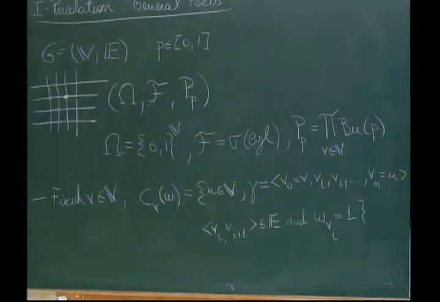Is this definition clear? That is, if I put water under pressure on the vertex v, the cluster of v is the set of wet vertices. Okay?